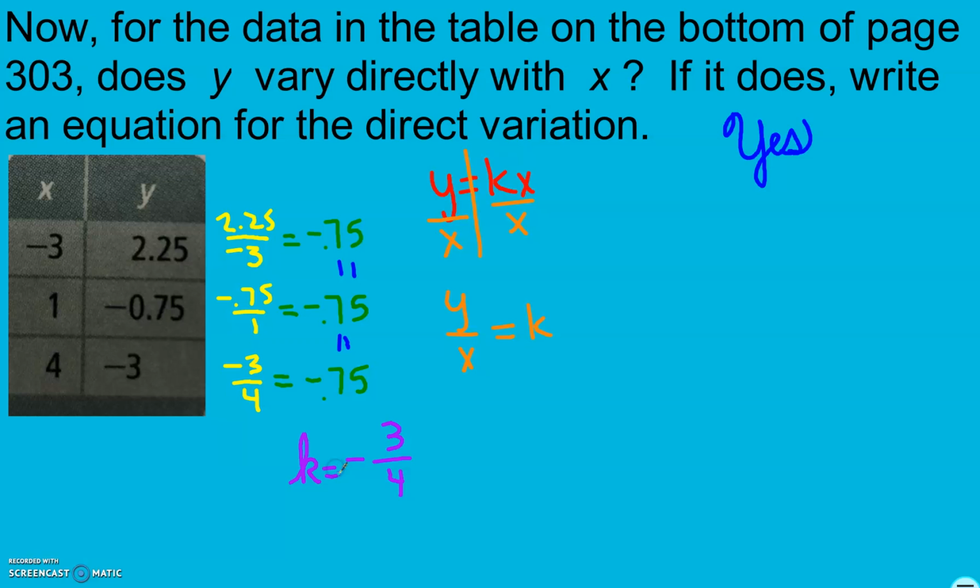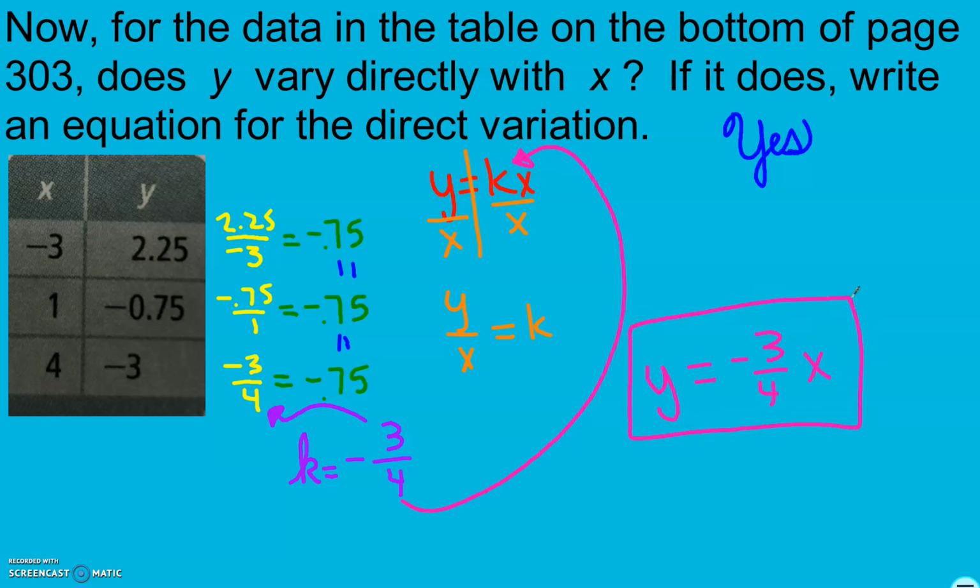So k equals negative 3/4. Once I know that, and again, we can see that from right here, once I know that, I can plug it into my formula. Y equals negative 3/4 times x.